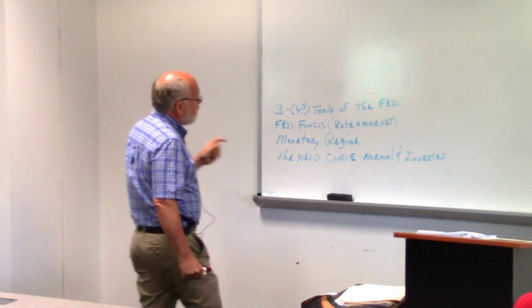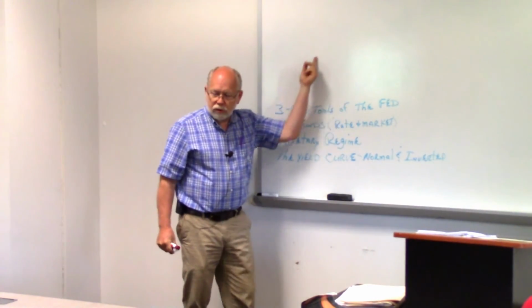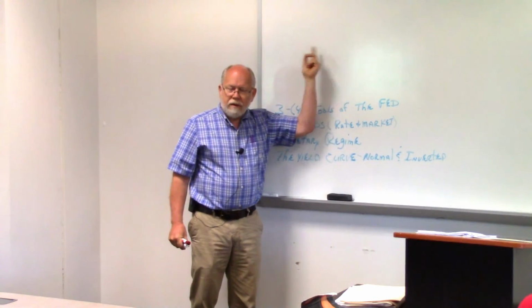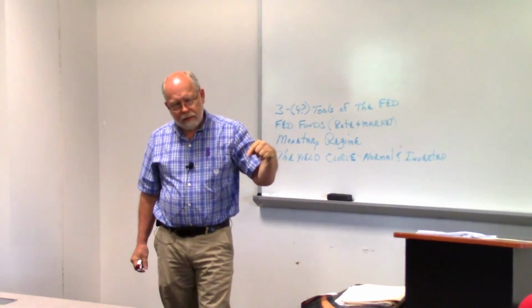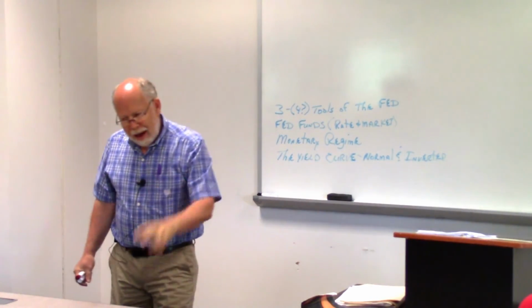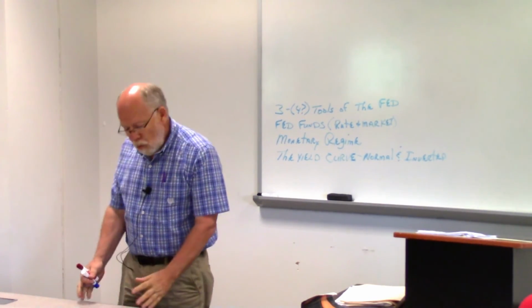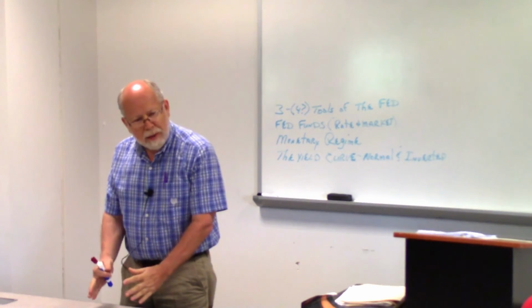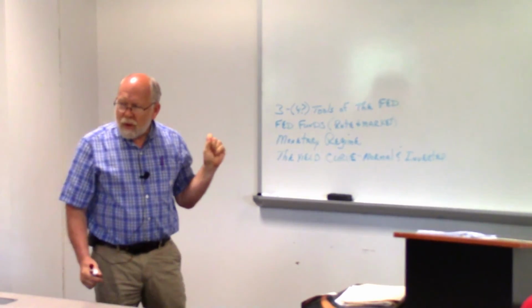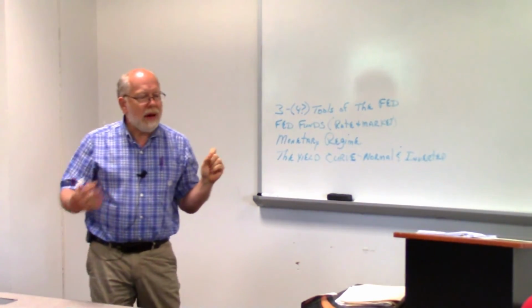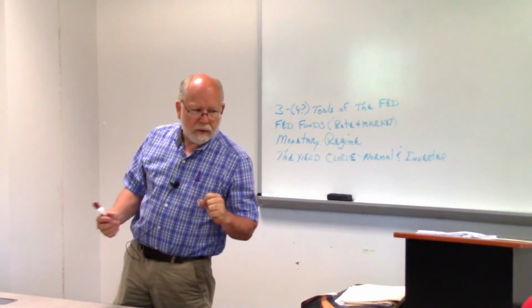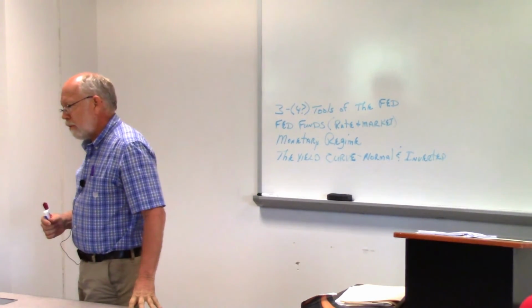But the Fed controls this reserve rate. The Fed can dictate to the commercial banks how much money they have to keep in reserves. Now, the more money that they tell the bank have to keep in reserve, the less the multiplier and the less amount of low-powered money that the commercial banks can create.